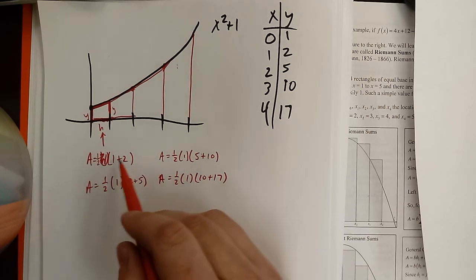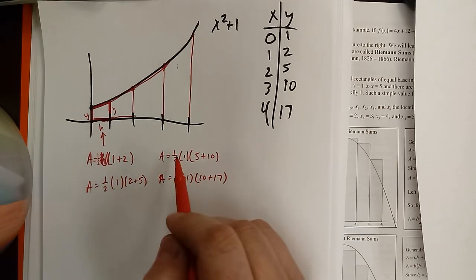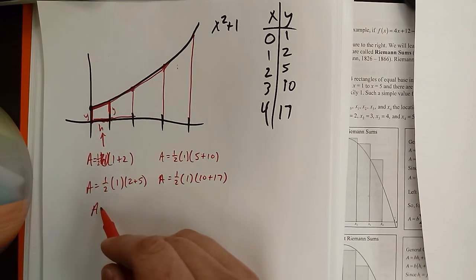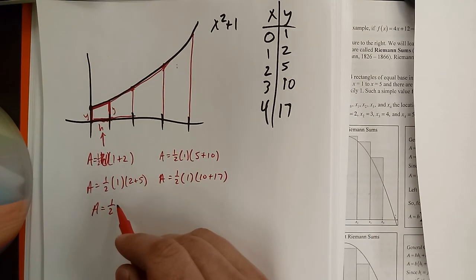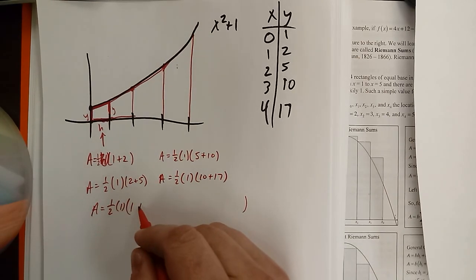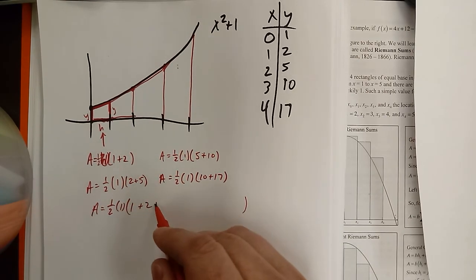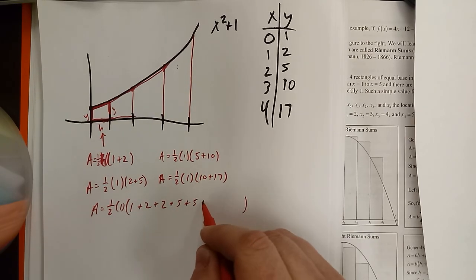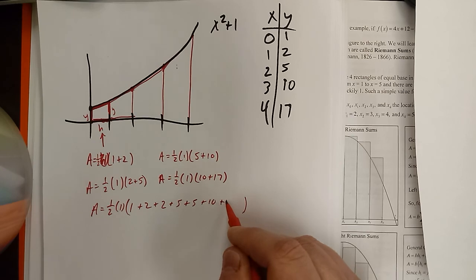If I add all 4 of these together, they all have that 1/2 and that 1 in common. So I could say the area is actually equal to 1/2 times 1 times (1 plus 2 plus 2 plus 5 plus 5 plus 10 plus 10 plus 17).